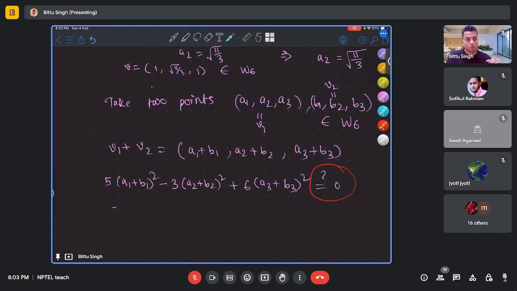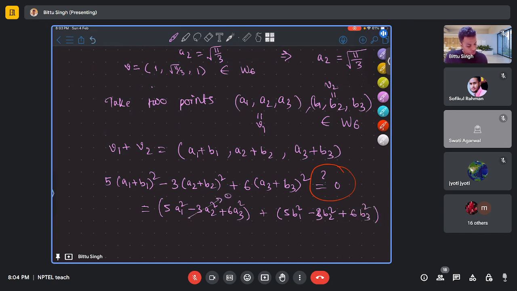But if it is not 0, why is it not 0? We have to check. This is the same as 5a1 square minus 3a2 square plus 6a3 square, and similarly 5b1 square minus 3b2 square plus 6b3 square.